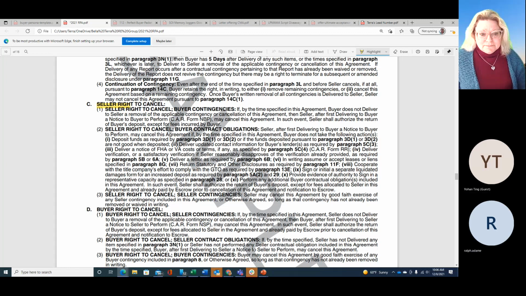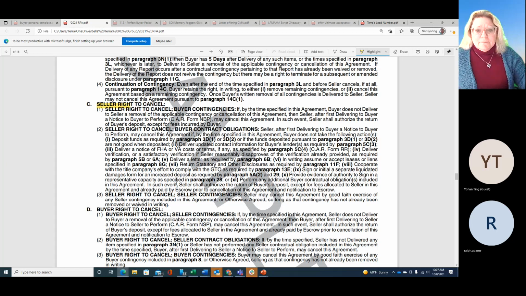In such event, seller shall authorize the return of the buyer's deposit, except for fees allocated to the seller in this agreement and already paid by escrow prior to cancellation of this agreement and notification to escrow. So that's really important to make that distinction.